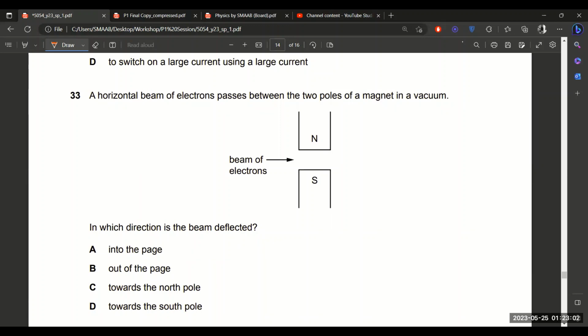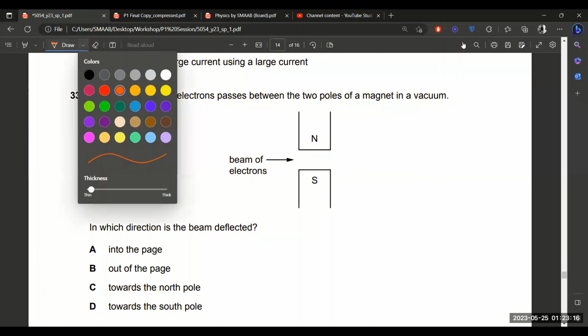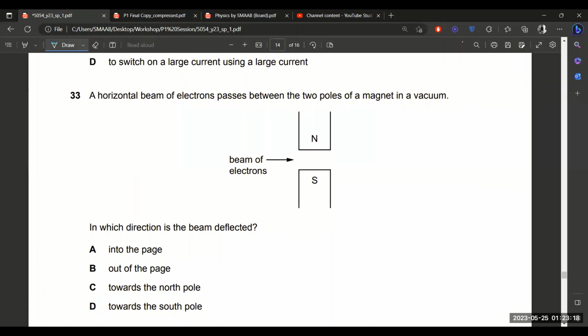Okay, question number 33 is related to the direction of a deflected beam. A horizontal beam of electrons passes between two poles of a magnet in a vacuum, and in which direction does the beam deflect? Basically, this concept is related to the left hand rule, because there is a magnetic field which is directed vertically downward, and the beam of electrons is along the x-axis. These three quantities are mutually perpendicular to each other.